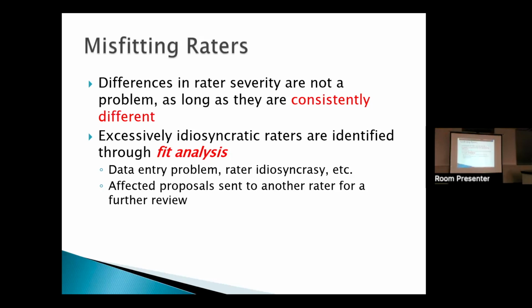Somebody enters a 0 instead of a 9. That'll throw things right off. Sometimes, a rater gets irritated because somebody says it's innovative and it's not. Okay, so we can do fit analysis. We can identify those idiosyncratic ratings and then send them out for further reviews.